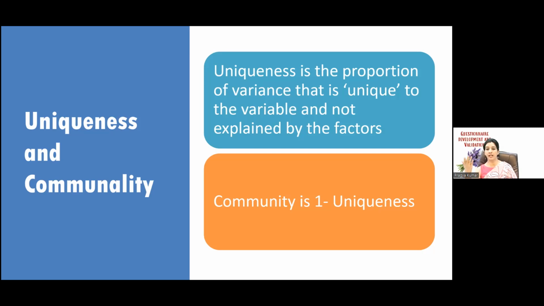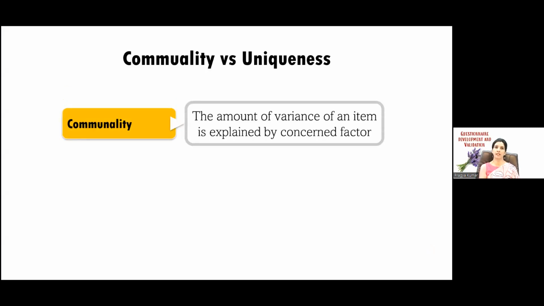Because if it is high communality, that means the variation in that item is largely explained by the underlying construct. Again, a few more slides on communality versus uniqueness. Communality is the amount of variance. Yes, I am repeating, Shivaji; there are 3 slides.